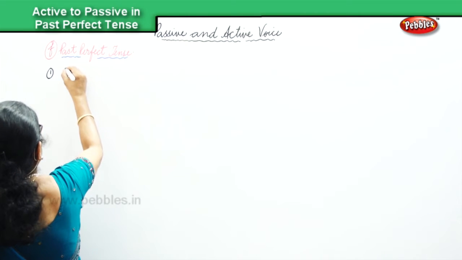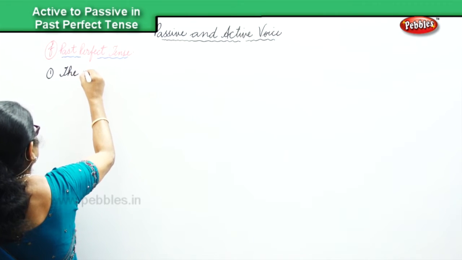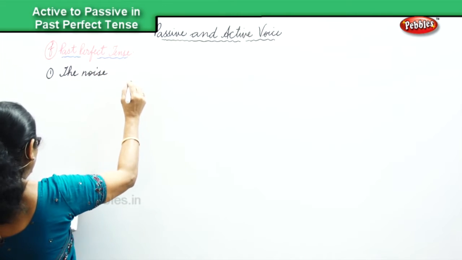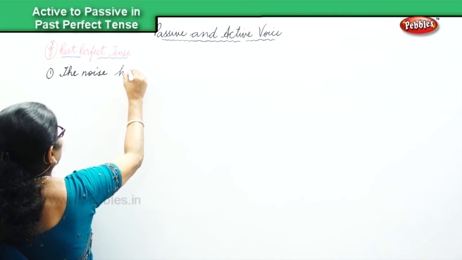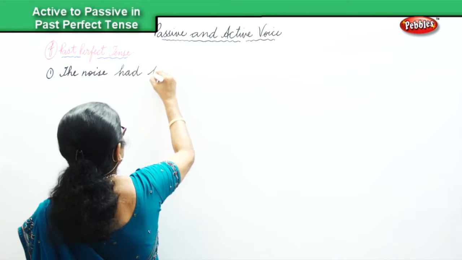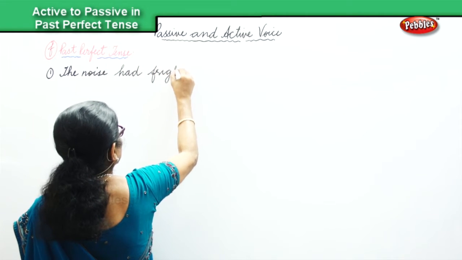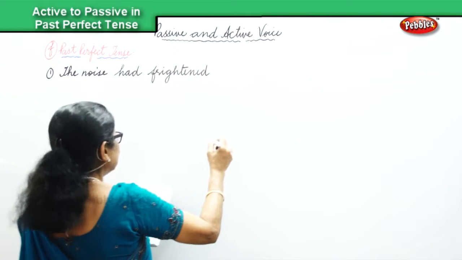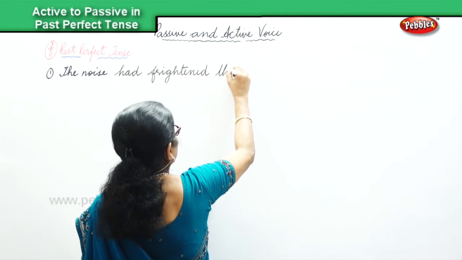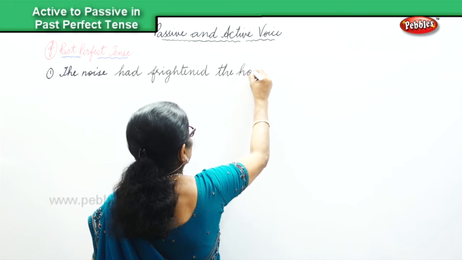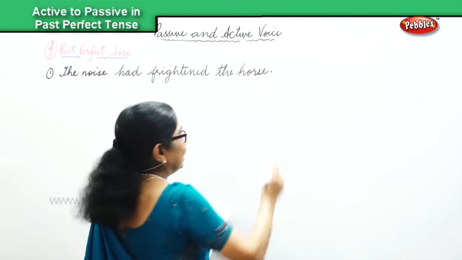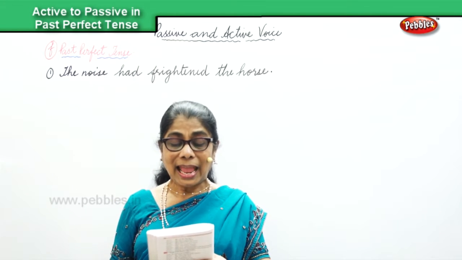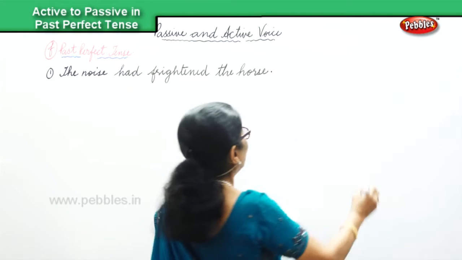The noise had frightened the horse. That is the first sentence, and that is in the active voice.